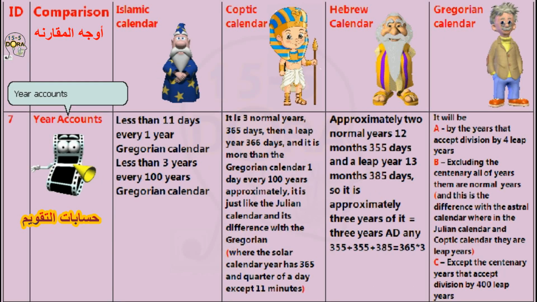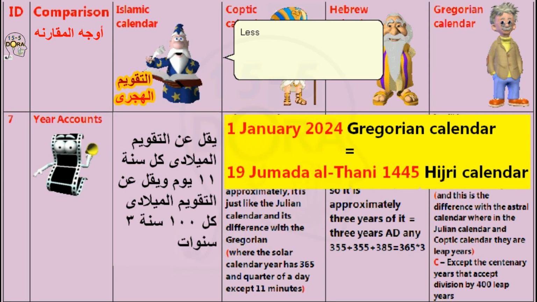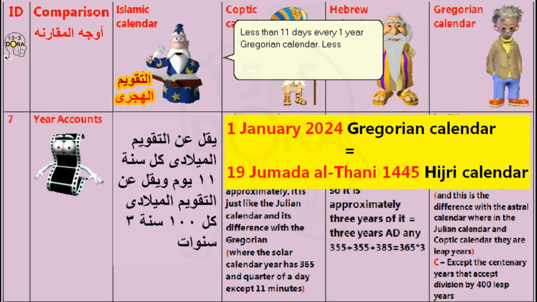7. Year accounts. Islamic calendar: less than the Gregorian calendar by about 11 days every year, or about 3 years every 100 years.